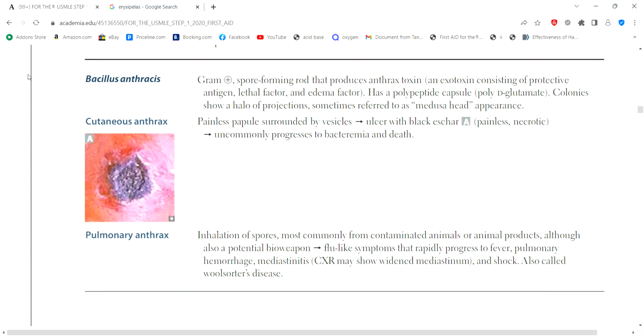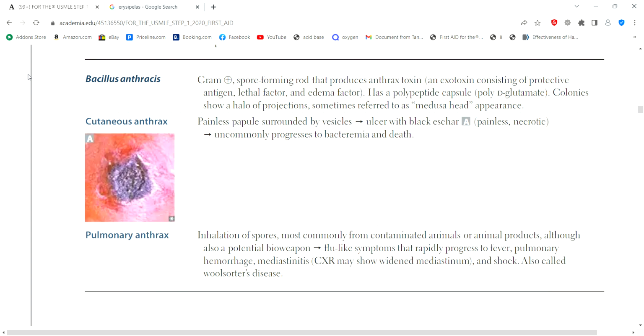It has a polypeptide capsule made of poly-D-glutamate. Colonies show a halo of projections on the petri dish, sometimes referred to as Medusa head appearance. So it looks like Medusa's head in the petri dish.